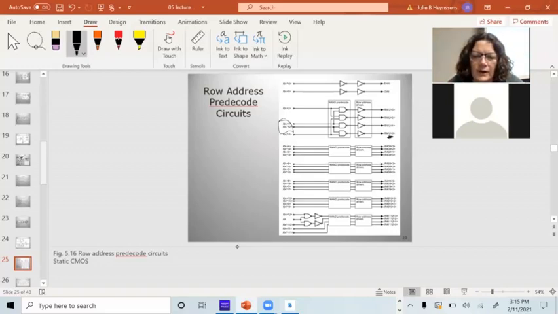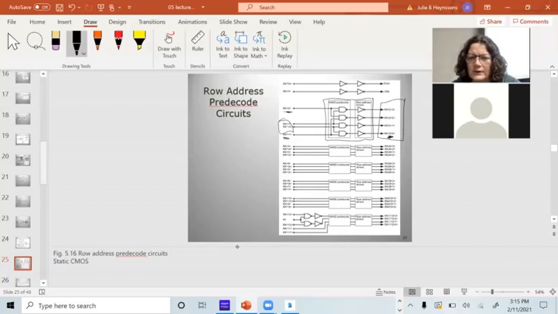So I bring in RA1, RA2, RA2 star, RA1 star. I run them into what is effectively an AND gate, a NAND, then not. And for each of the 4 possible combinations of RA2 and RA1, I create 4 individual outputs. So that's a 2 to 4 decoder.